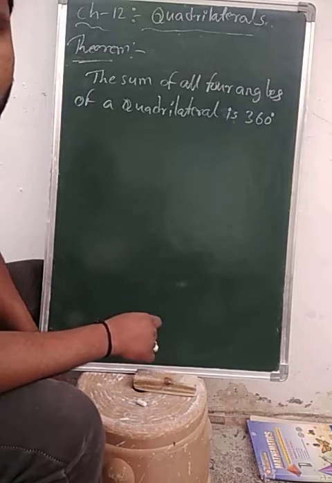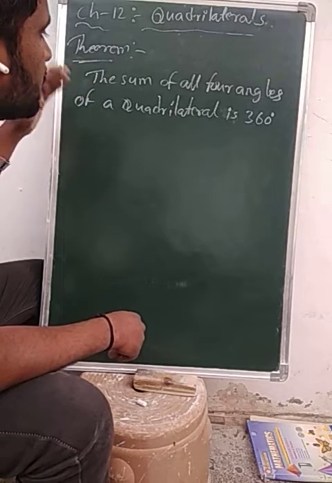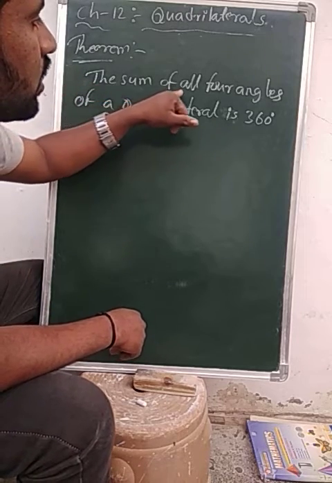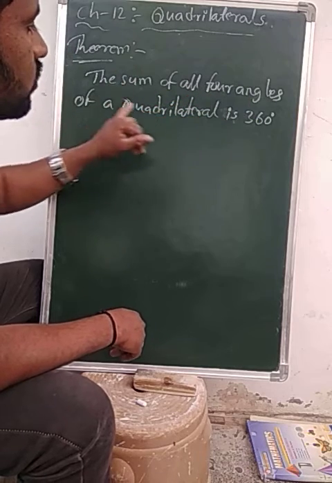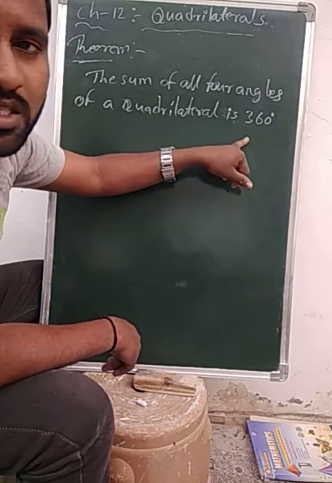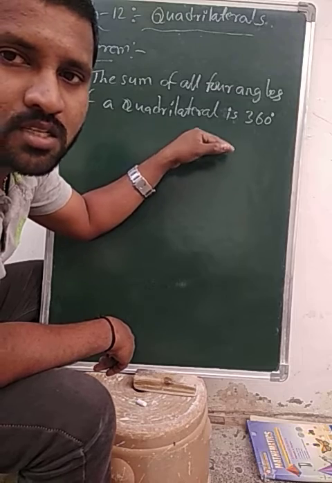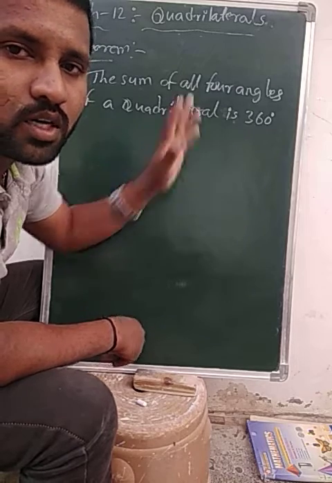Is it clear, students? What is the theorem? Important theorem. The sum of all four angles of a quadrilateral is 360 degrees. This is the angle sum property of a quadrilateral.